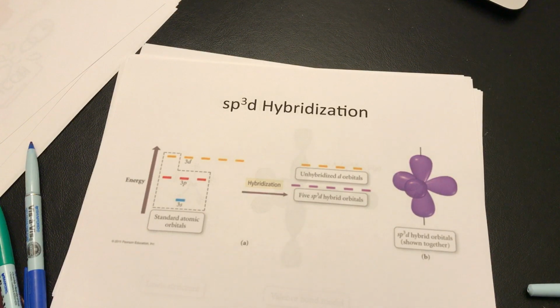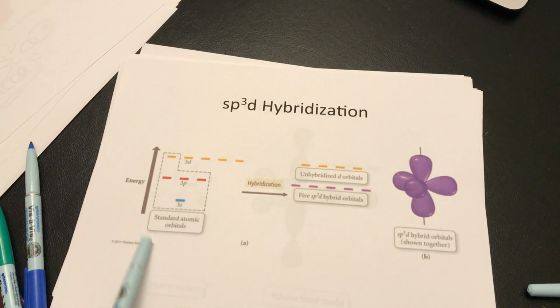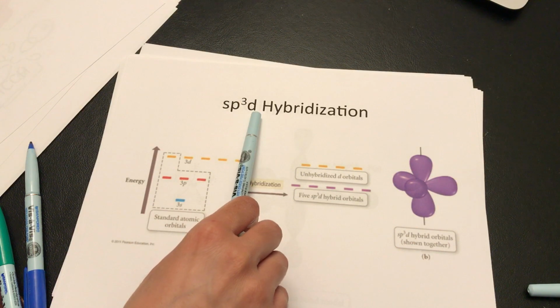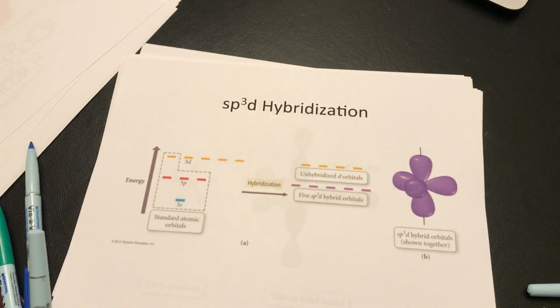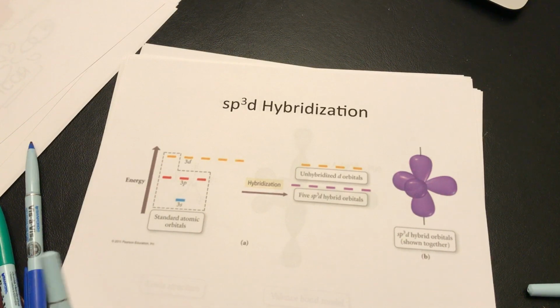2 more, sp3d hybridization. So now we have an s orbital, 3 p orbitals, and a d orbital hybridization. So what happens here? Well, notice how you have your energy diagram, 3s, 3p, 3d going up in energy. sp3d. This becomes when you have 1, 2, 3, 4, 5 electron geometry shape.